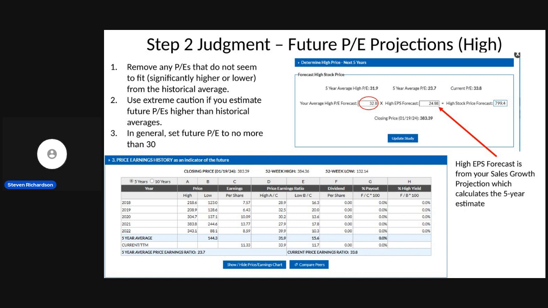The 5-year average is 31.9, and the current is 33.8. So it's very conservative. It multiplies that by your high earnings per share forecast, which was based on your sales, which you calculated, and it comes to a high price of 799. So you think this stock is going to reach 799.